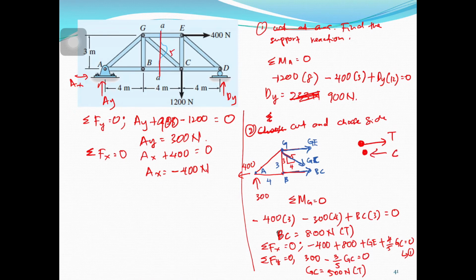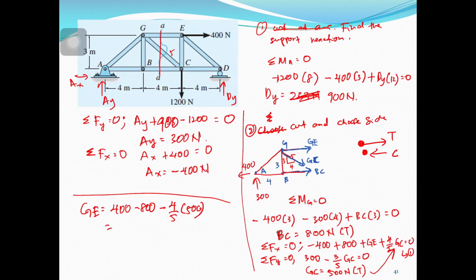So GC, you take GC, you put here, you get the GE. So GE is equals to 400 minus 800 minus 4/5 GC, which is 500. So you have GE is 400 minus 800 minus 4/5 times 500.